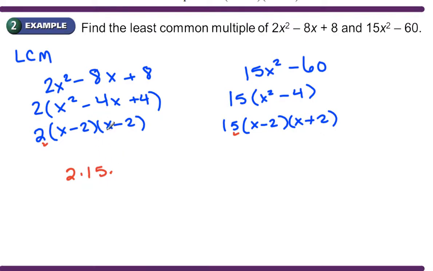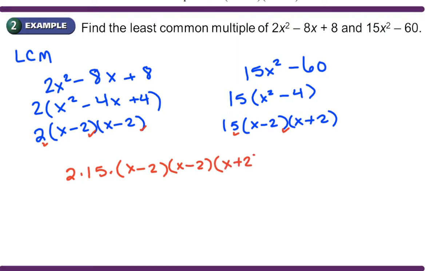x minus 2, we have an x minus 2 in both of these. So I'm going to write that here, and I'm going to check mark both of these because we're taking into consideration if it occurs once on both. Then we have another x minus 2. Well, since there's 2 here, there have to be 2 here. And now this one's done. Looking over here, we have an x plus 2.